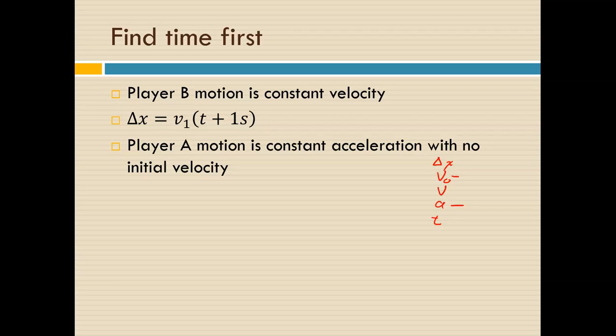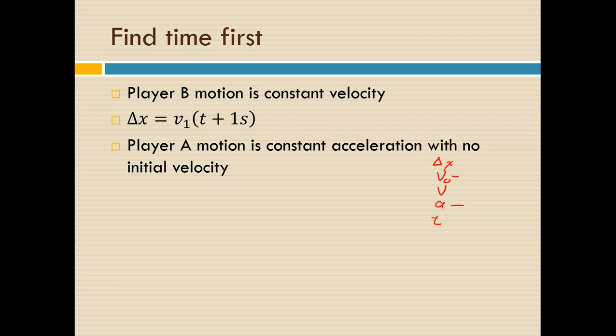What's the other place? Player B's motion. What does player B have in common with player A? Time is going to be in common, correct? What else? The position, because they're both going to skate the same distance.